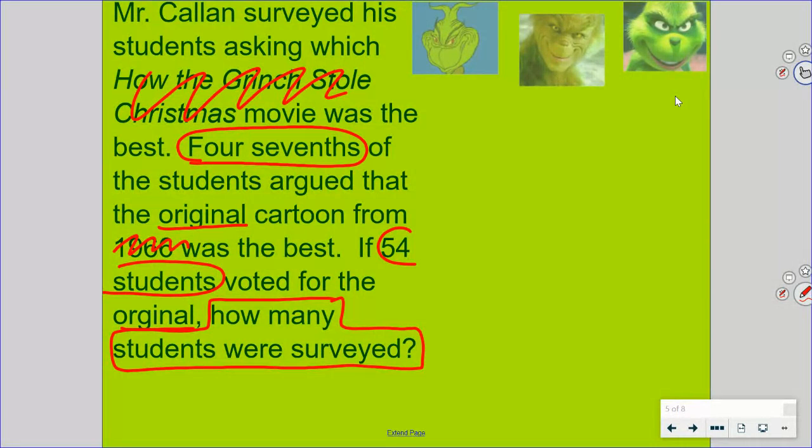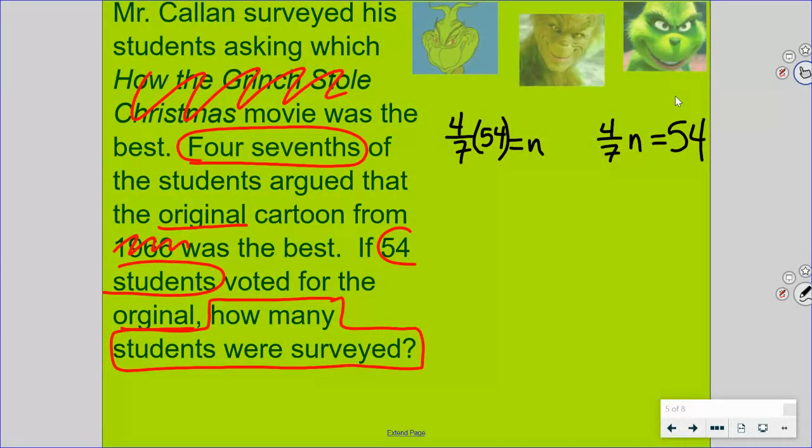And naturally, the key question to ask is, what is it that we know and what is it that we're looking for? For instance, is the problem giving us 4/7 of 54, or is the problem giving us 4/7 of some number?